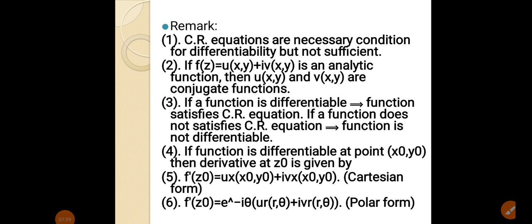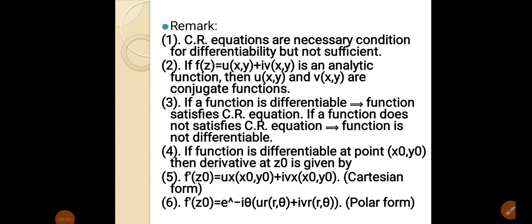Fourth, if the function is differentiable at point x0, y0, then the derivative f dash of z0 is equal to u_x(x0, y0) plus i v_x(x0, y0) in Cartesian form, and in polar form f dash of z0 is equal to e raised to minus i theta times u_r(r, theta) plus i v_r(r, theta). Here u_x means the partial derivative with respect to x, v_x the derivative of v with respect to x, u_r and v_r the derivatives with respect to r.